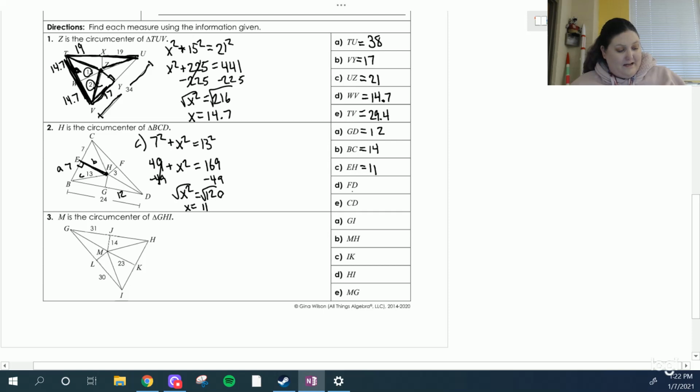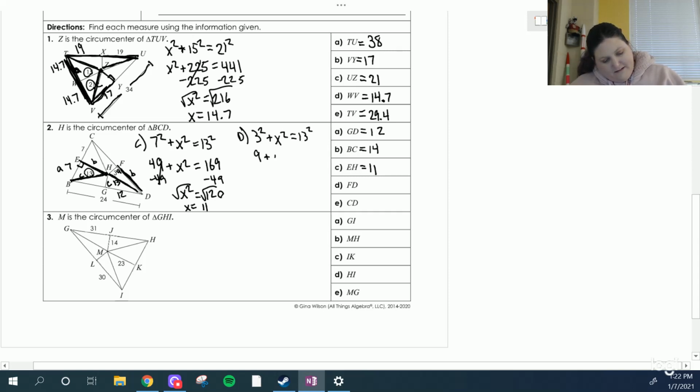Then for part D, I need to find FD. FD is over here. So I know this length here is 13 because it's 13 over here. And remember, the circumcenter is equidistant from my vertices. So I'm going to set up Pythagorean theorem again. 3 is going to be A. I'm missing B. 13 is going to be C. So for part D, I'm going to set up 3 to the second power plus x squared equals 13 to the second power.